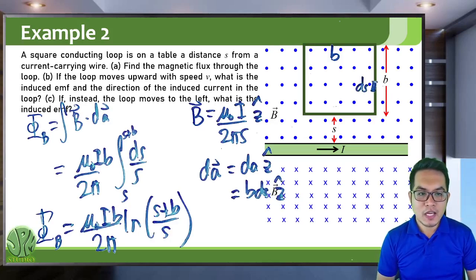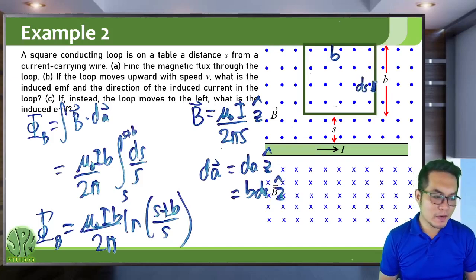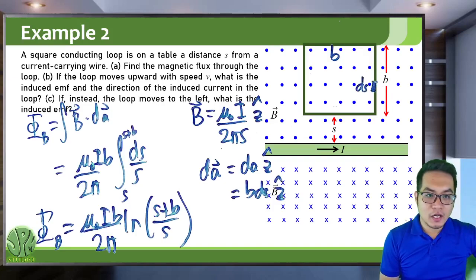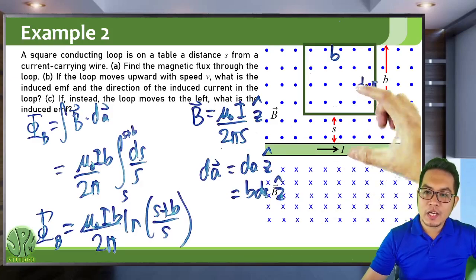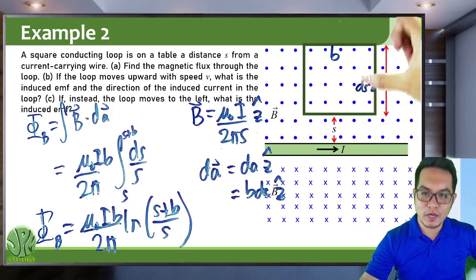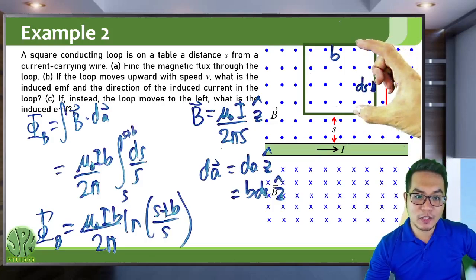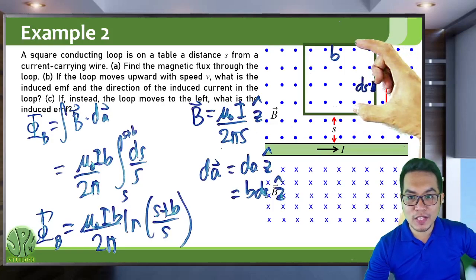If the loop moves upward with speed v, what is the induced EMF and the direction of the induced current in the loop? Now, if this loop moves upward, the flux inside the loop will change. Take note, in this case there are only two things that can change: either the area or the magnetic field.